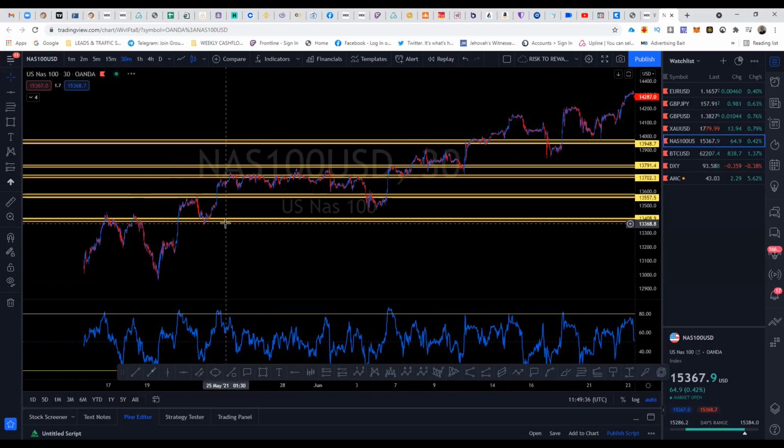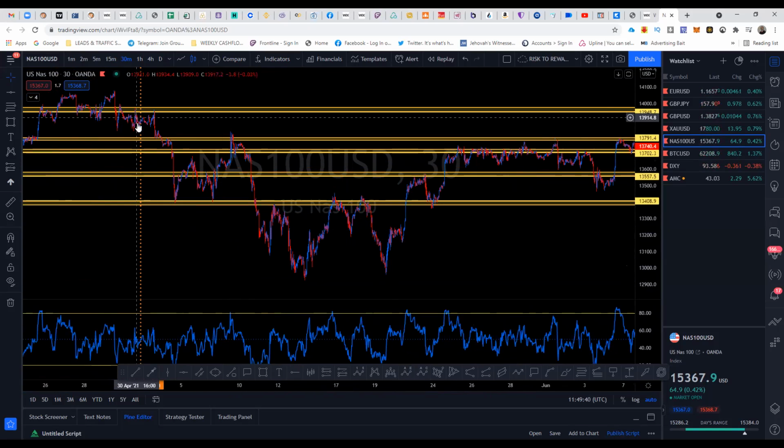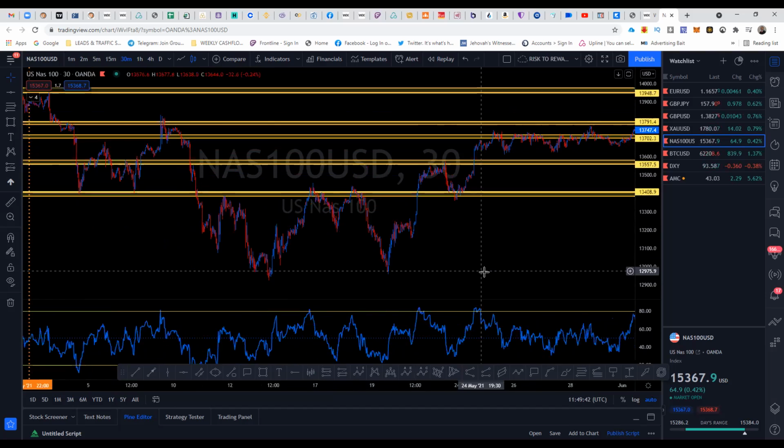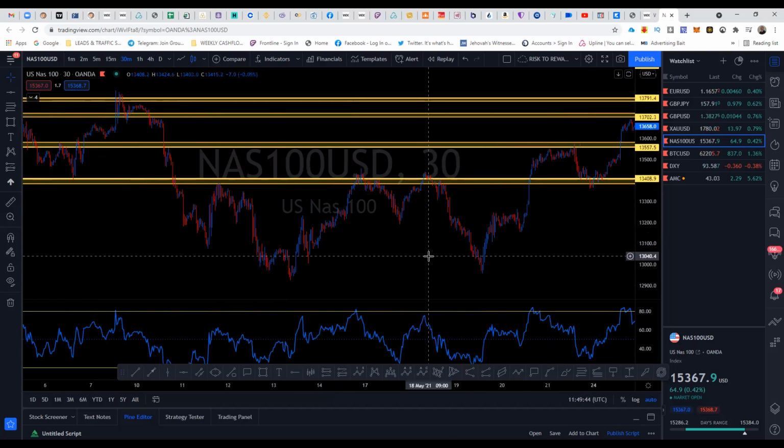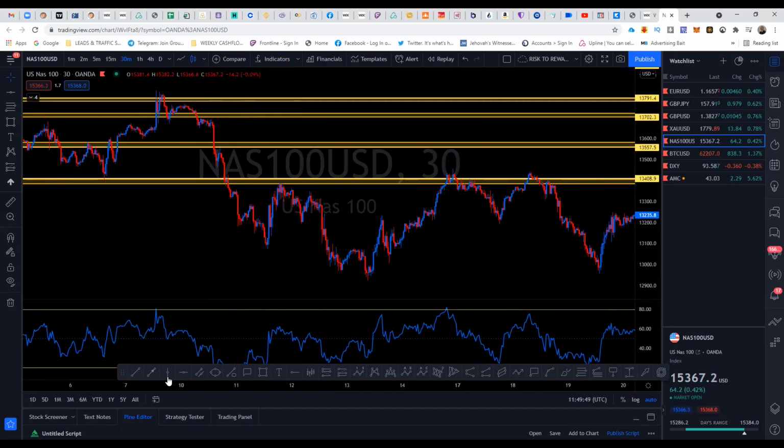This is where we left off, because this is where our vertical line was. So we need to mark up all this here. So we can probably put this vertical line, say this is for the 30-minute.